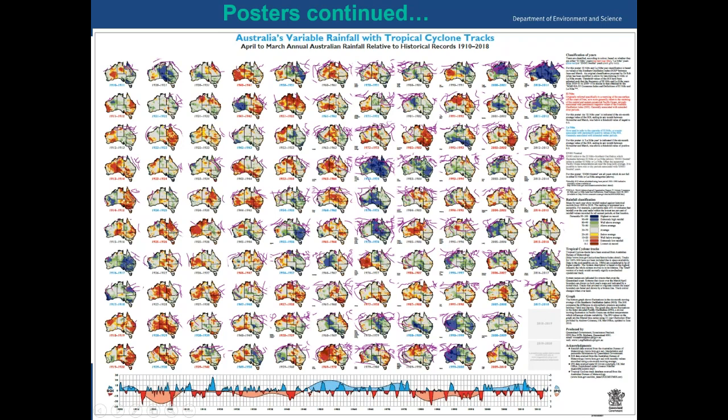The cyclone tracks have been imported from the Bureau of Meteorology. There's fewer cyclone data around the early years, so this doesn't go back as long as the original variable poster.